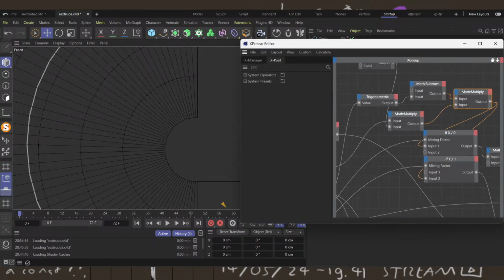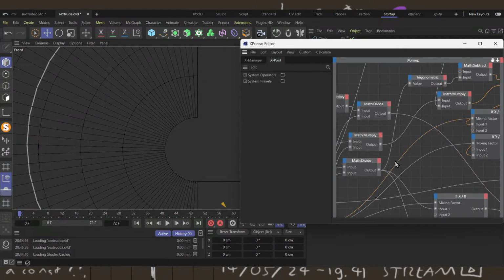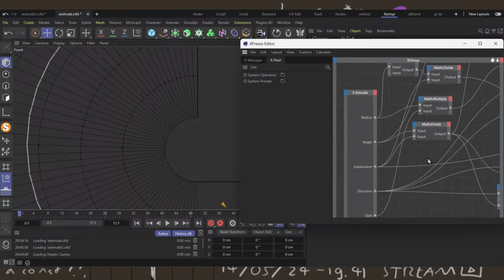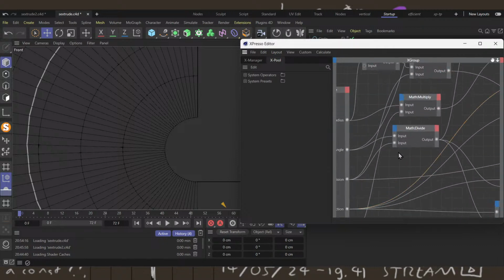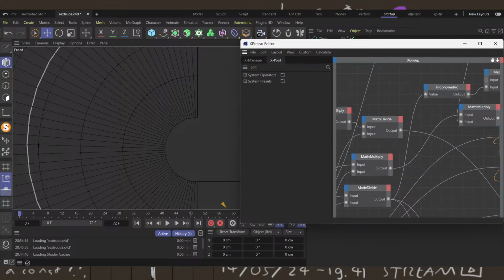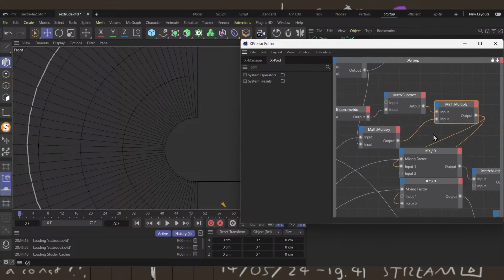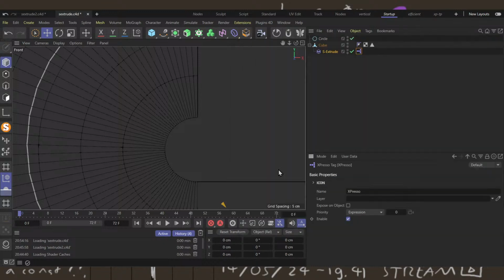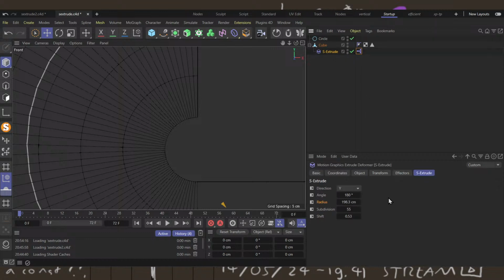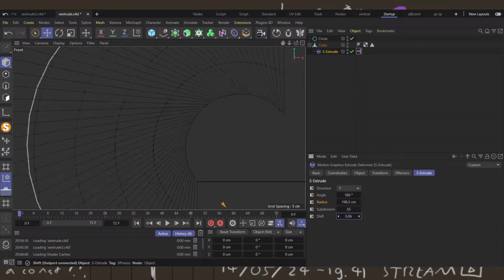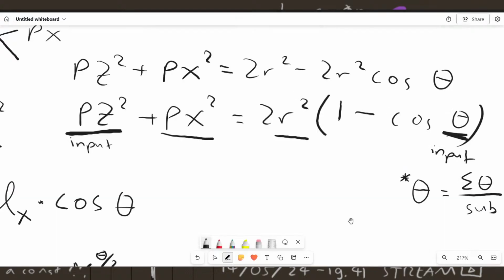Yeah, the thing I was talking about. I also had some trigonometric functions here. I divided the angle by the subdivision, trigonometry, multiply. I think those were just bullshit equations I came up with out of nowhere. I'm not supposed to use those. So what do I use? How do I do this?